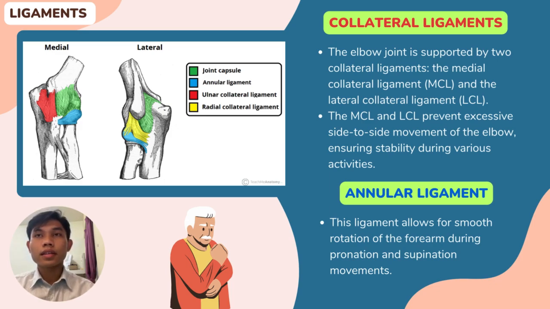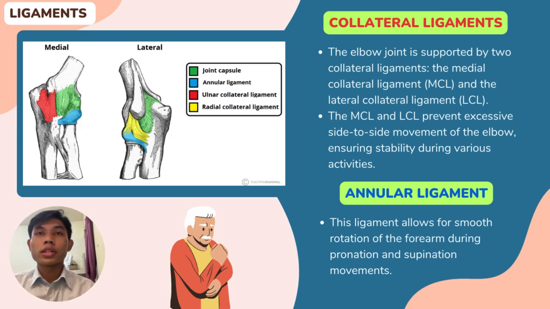These ligaments run along the sides of the elbow joint, connecting the humerus to the radius and ulna. The medial and lateral collateral ligaments prevent excessive side-to-side movement of the elbow, ensuring stability during various activities.